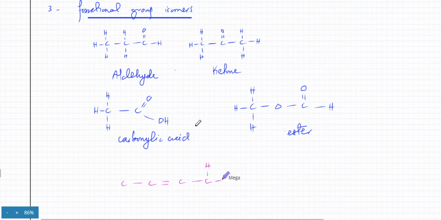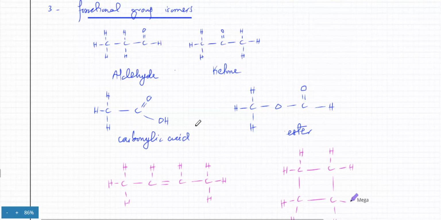Alkenes and cyclic alkanes can be isomers of each other. I mean, there would be different functional groups. The first one is C4H8. This one is also C4H8. One is an alkane. The other one is an alkene. So both of them are isomers of each other.